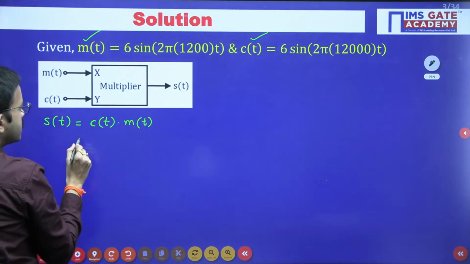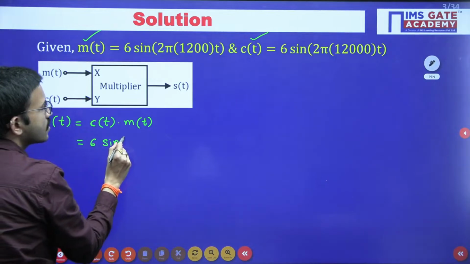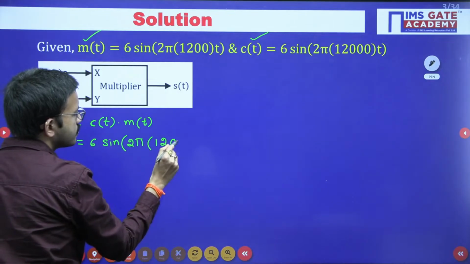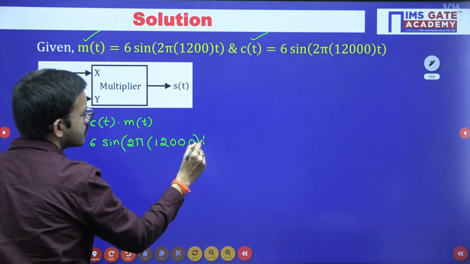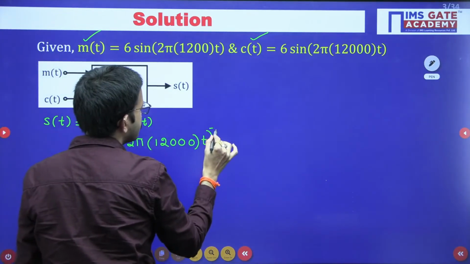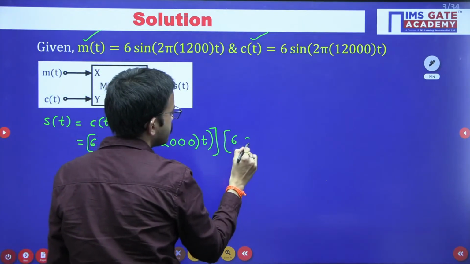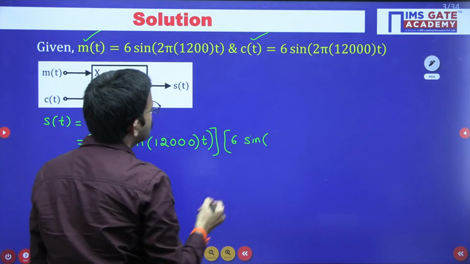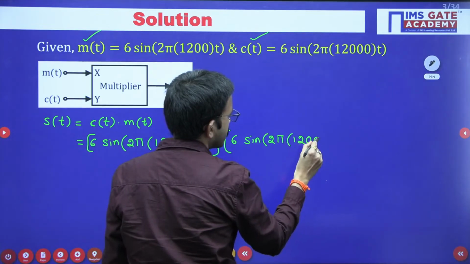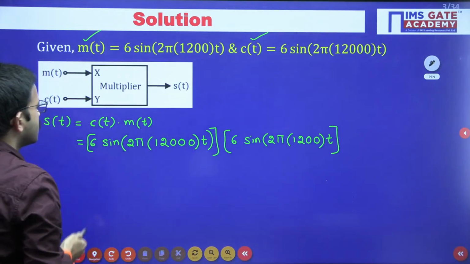Regarding the carrier signal, you have 6 sin(2π·12,000t), and regarding the message signal, you have 6 sin(2π·1200t).